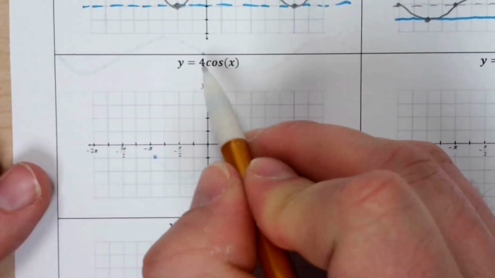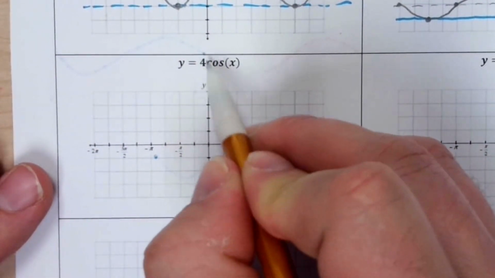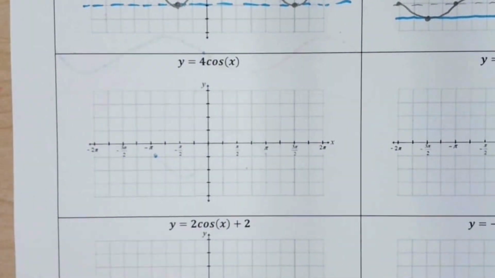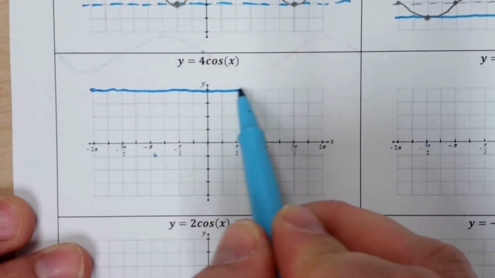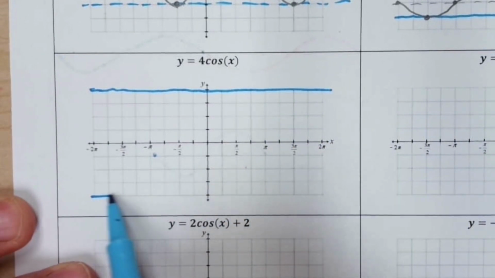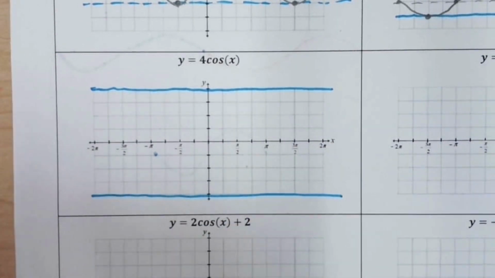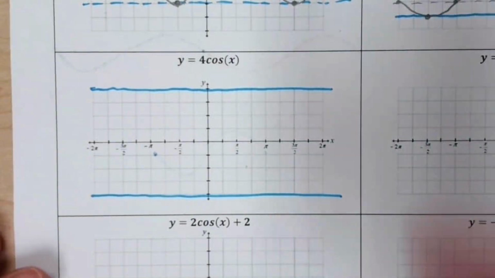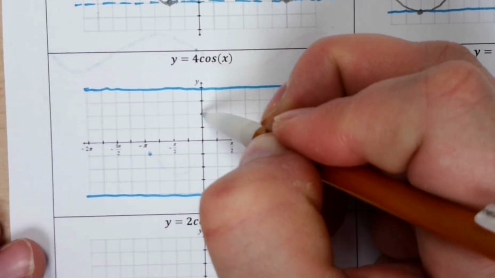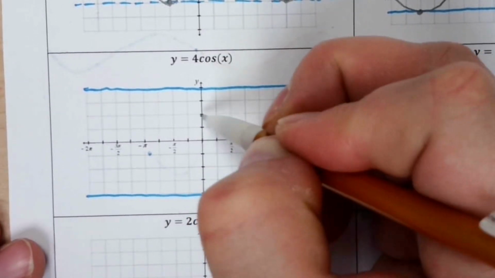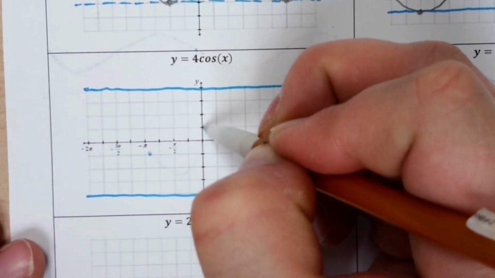I have a height difference of 4, so my amplitude is 4. So I'm not going to change the midline, but just for the fun of it, I'm going to put my blue line in at 4, my other blue line in at 4. I have to stay inside the paper. Okay, so normally we start at 1, which should be here.